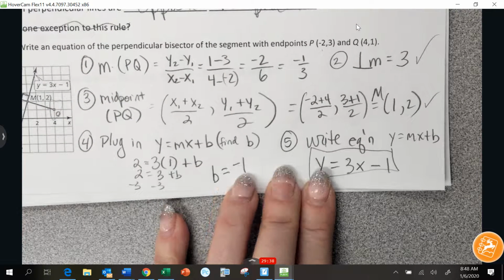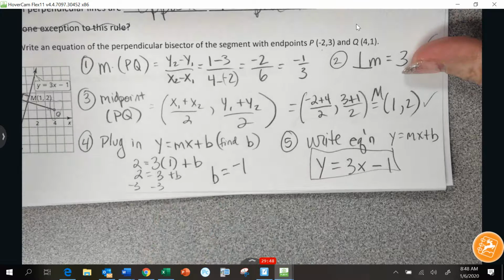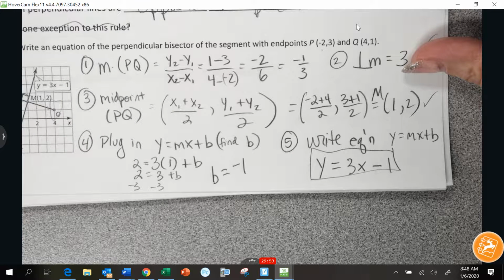Now I realize there's probably not a ton of space in that little area that you have. So I'm just going to do this one more time for you to see it again. Okay?